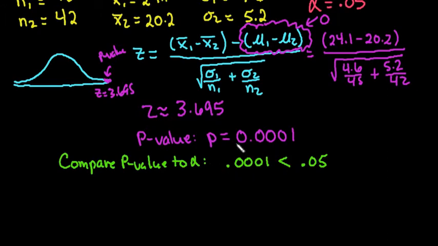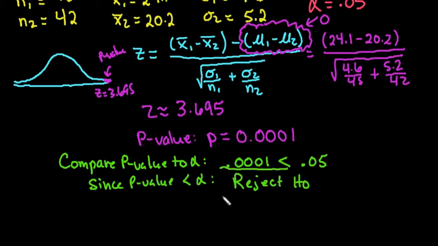So this is extremely strong evidence for the alternative hypothesis. Okay, so since the p-value is less than alpha, we reject H sub 0.